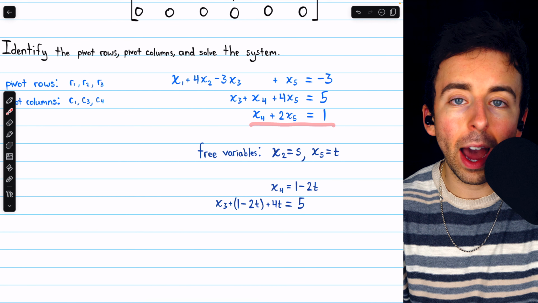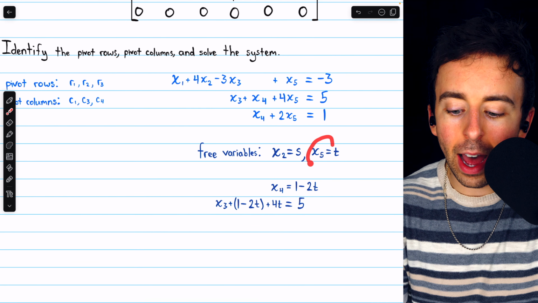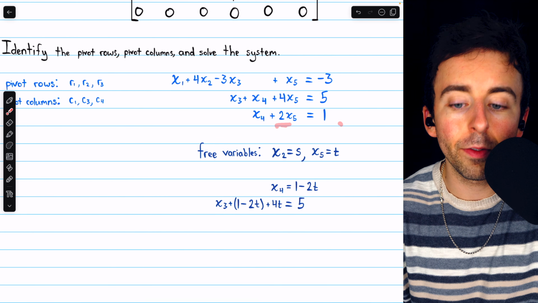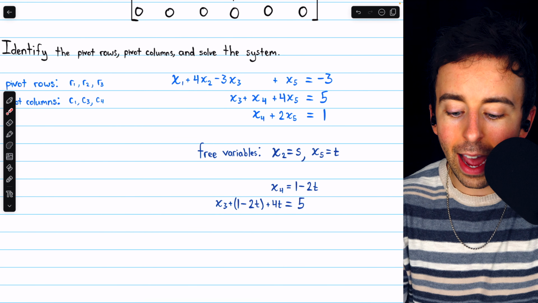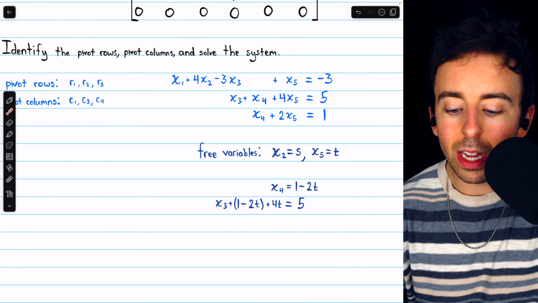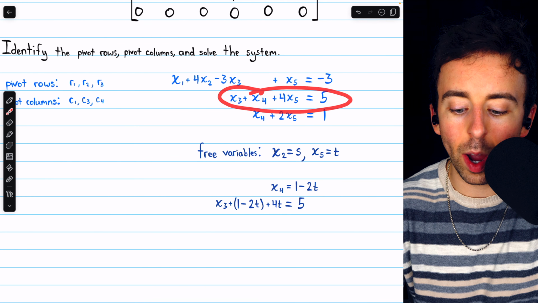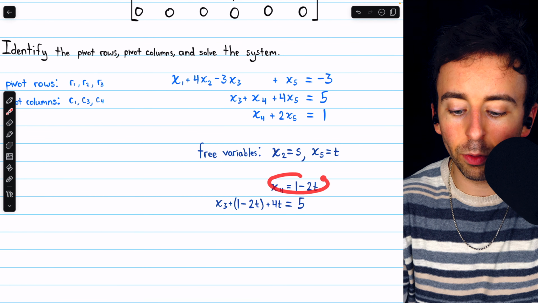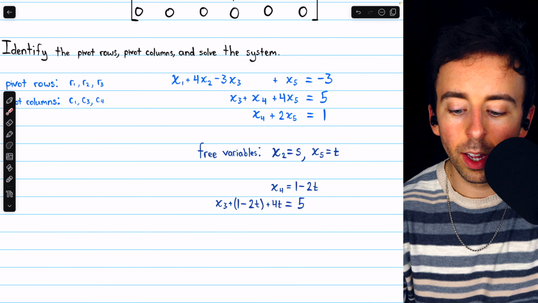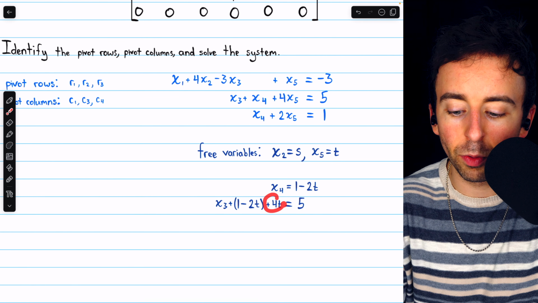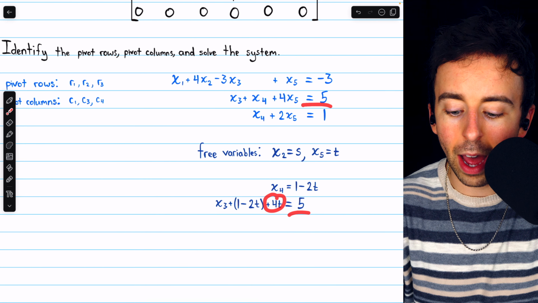x4 plus 2x5 equals 1, but x5 equals the parameter t. So subtracting 2x5 from both sides, we have that x4 equals 1 minus 2t. Then we can plug that into the preceding equation. x3 plus x4, well, let's replace x4 with 1 minus 2t, and plus 4x5, but x5 is t, so that's plus 4t, and this equals 5.